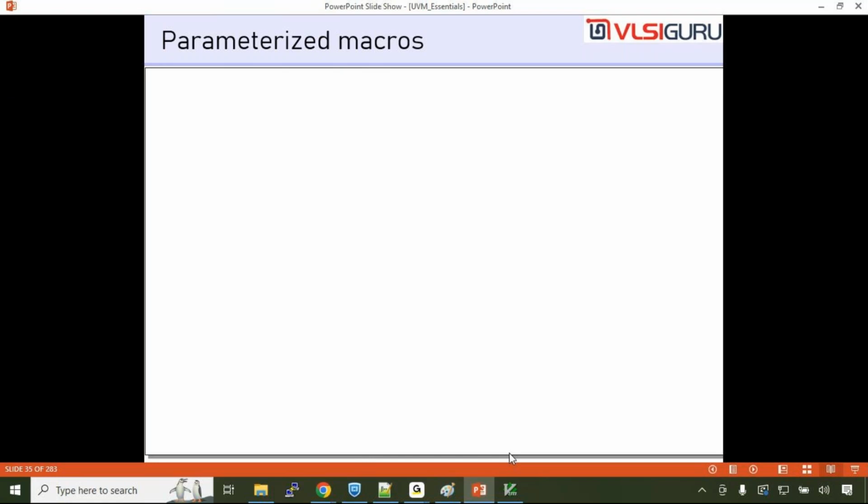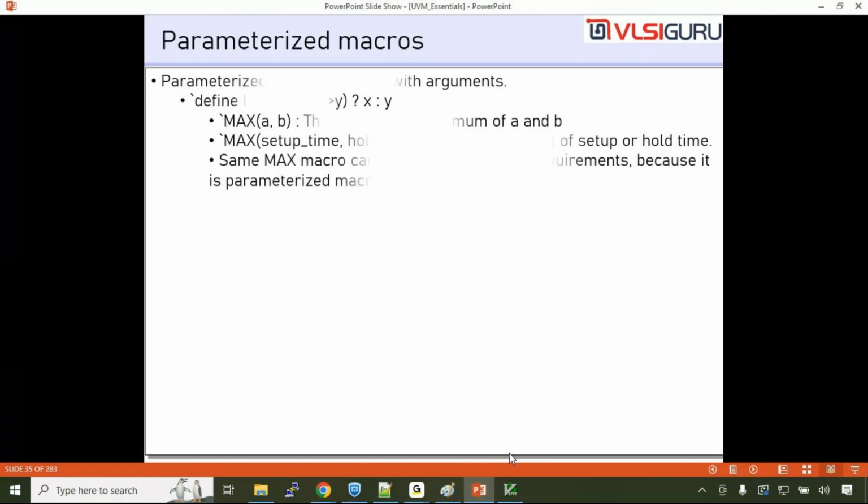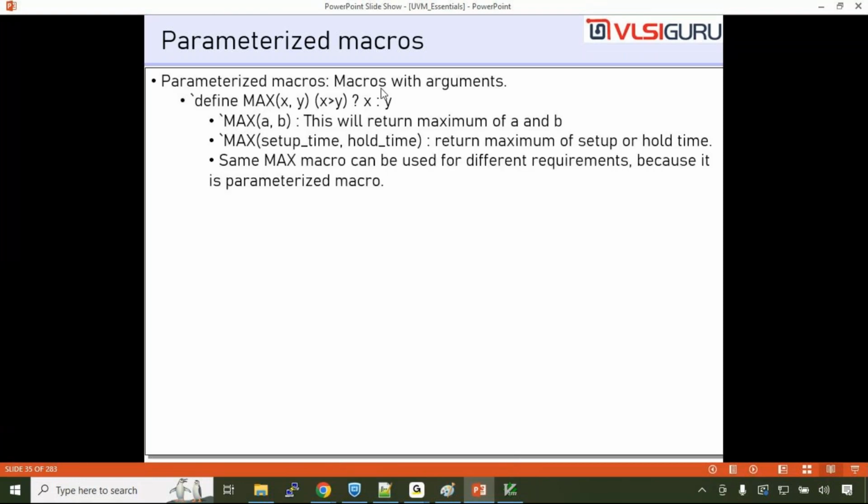What is a parameterized macro? A macro with arguments. That's what I'm asking, right? A parameterized macro is nothing but a macro which has got arguments. Like we created a parameterized macro for finding the max of x and y. The arguments here are x and y; among x and y, you're finding which one is the maximum.